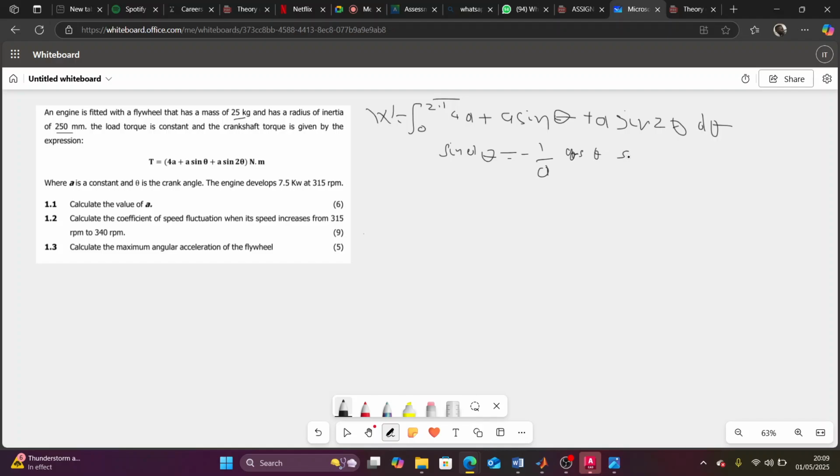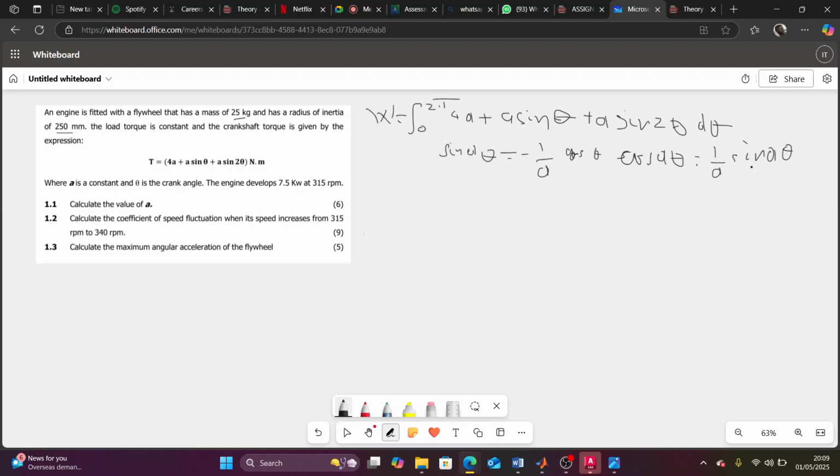If you have integration of cos A theta, the answer is simply 1 over A sine A theta.